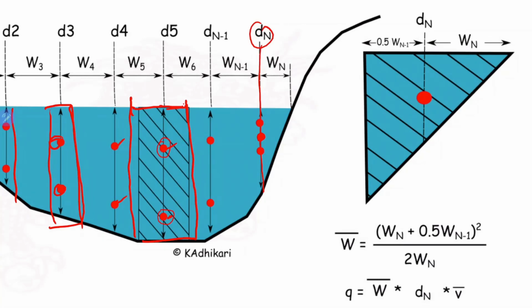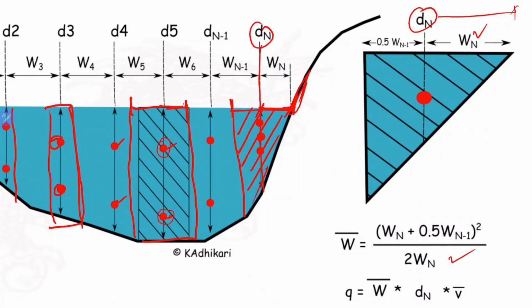For the last strip, we take the full distance to the edge, and only half of the other portion is taken, and this becomes our strip, as shown here. After the last vertical, all the distance wn is taken, and only half of the left-hand side is taken. So this becomes a triangular kind of shape, and the average width is calculated by a formula, which is kind of unique.